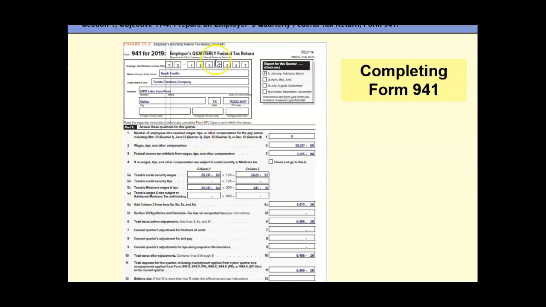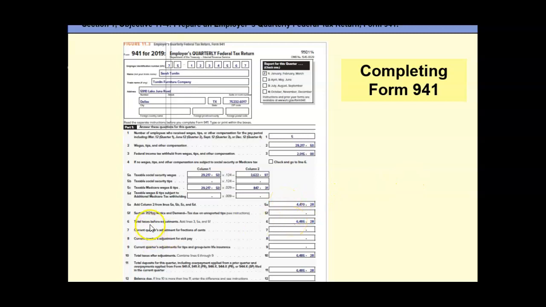When you combine those two together, it gives you a tax rate of 2.9%, which is 0.029 as a decimal. So multiply the taxable wages for Social Security tax and Medicare tax times the applicable tax rate. Box 5E shows the total amount owed for Social Security taxes and for Medicare taxes.